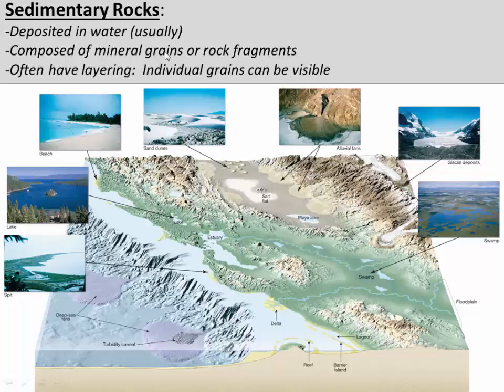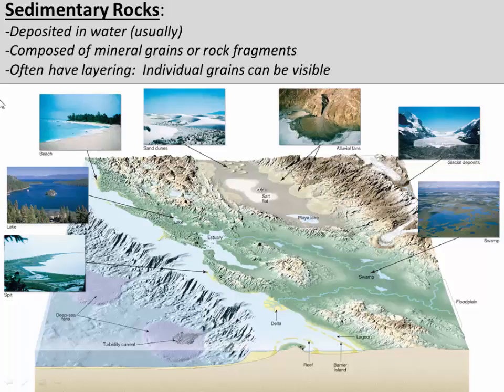And they are composed of literally fragments of minerals or fragments of rock. Often this will be something like sand, for example. And those fragments come to rest, usually in water, and eventually get consolidated into a sedimentary rock.